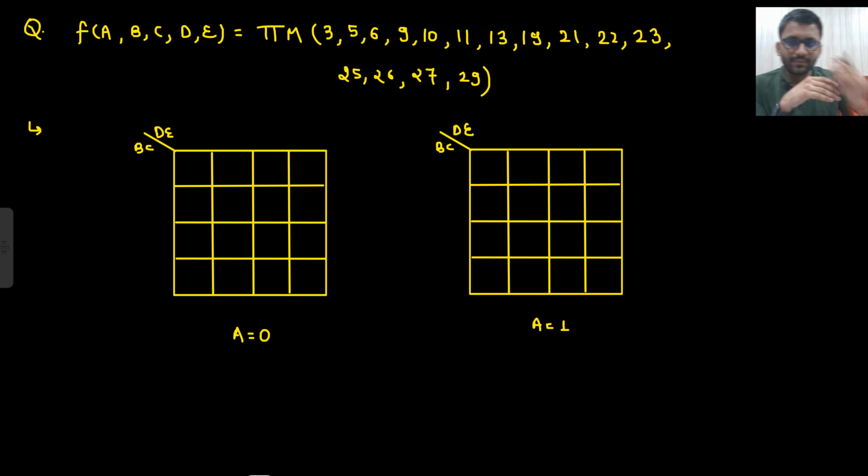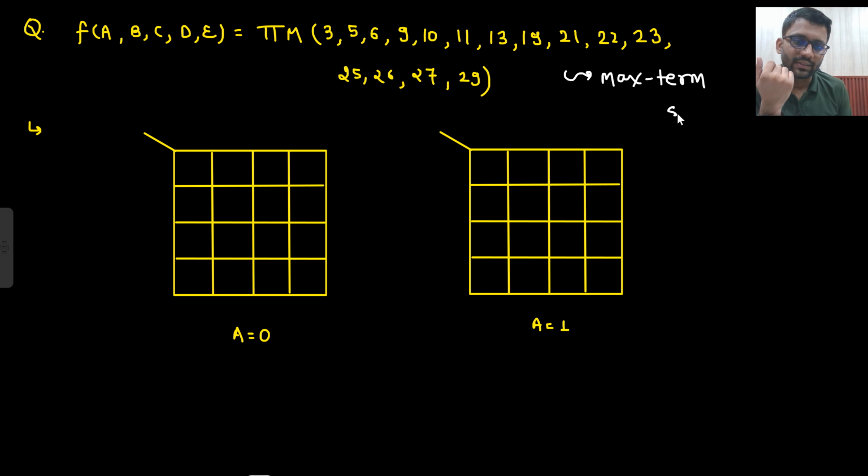This you can plot, but this I have written wrong here. Why so? Because this is a max term. Max term means I will think in terms of POS. So here I have to write B plus C, here I have to write D plus E. This will be denoted as A, this will be denoted as A bar.